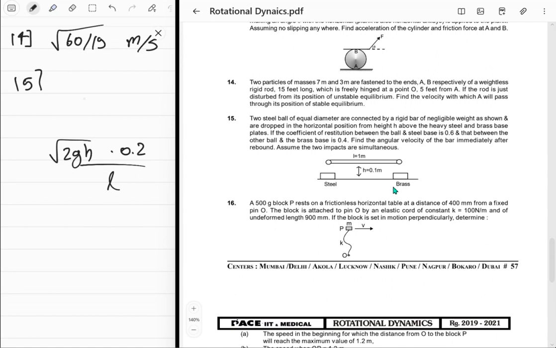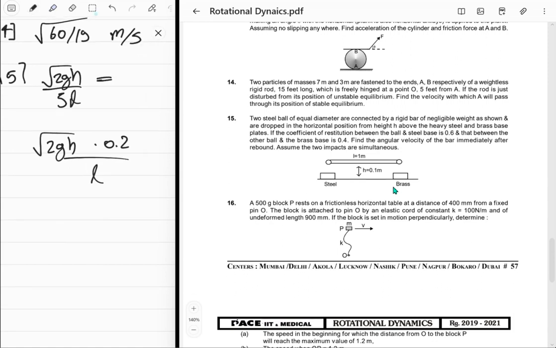So 0.2 is just 1 upon 5, right? It's going to be square root of 2gh upon 5L. Let's calculate it. G is 10. Okay, h is 0.1. Wait, why do that? We can just do 9.8, right? So it's going to be square root of 4 times 4.9 times 0.1, so like 0.49.